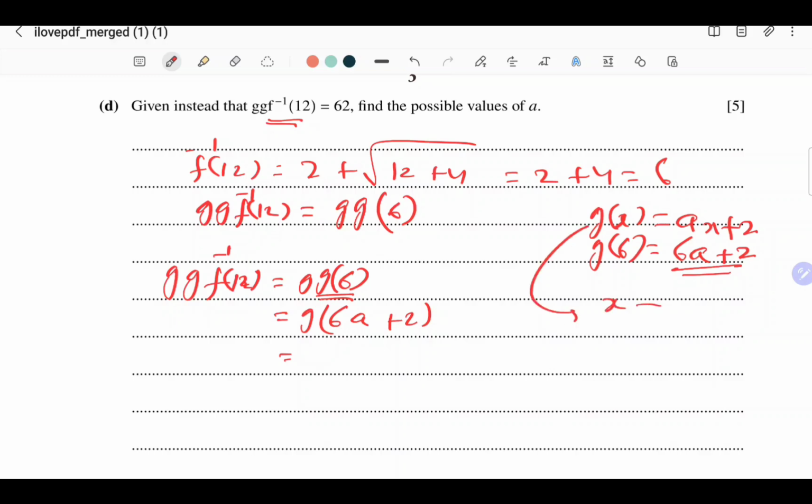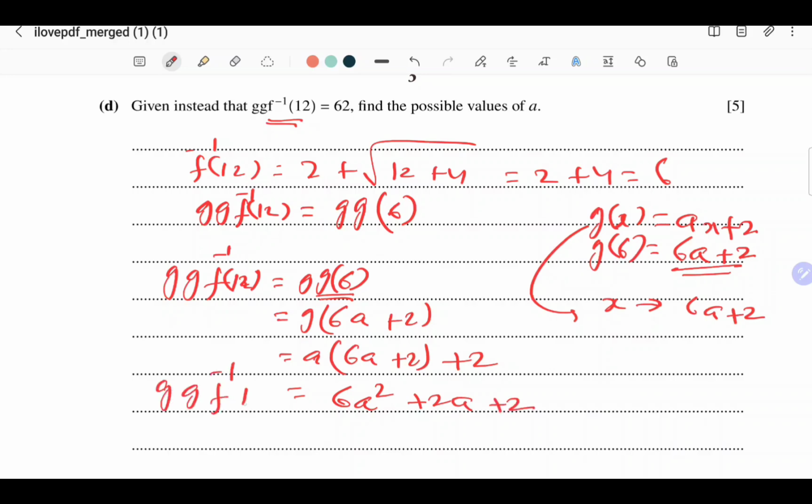Again, change x to 6a plus 2 in this, so what will you get? a times x, which has changed to 6a plus 2, and we have plus 2. Now this is 6a squared plus 2a plus 2. So this is g of f inverse 12, and this value we have over here is 62. So actually 62 equals 6a squared plus 2a plus 2.